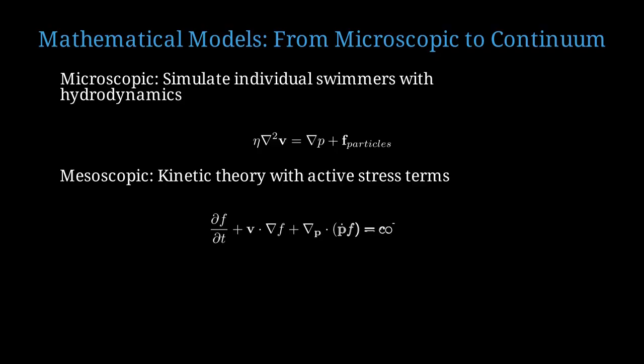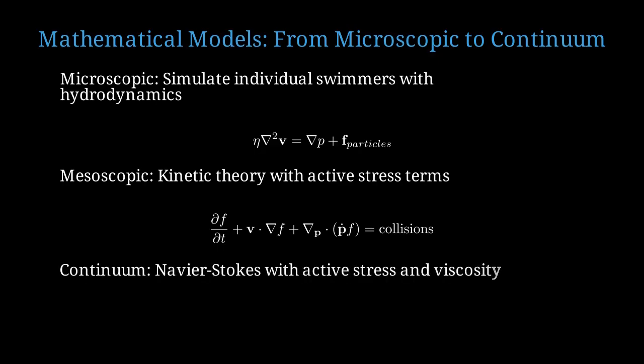The distribution function f of position and orientation evolves according to a kinetic equation, similar to the Boltzmann equation but with active driving terms. At the continuum level, you get modified Navier-Stokes-like equations, with active stress contributions and potentially negative effective viscosity.